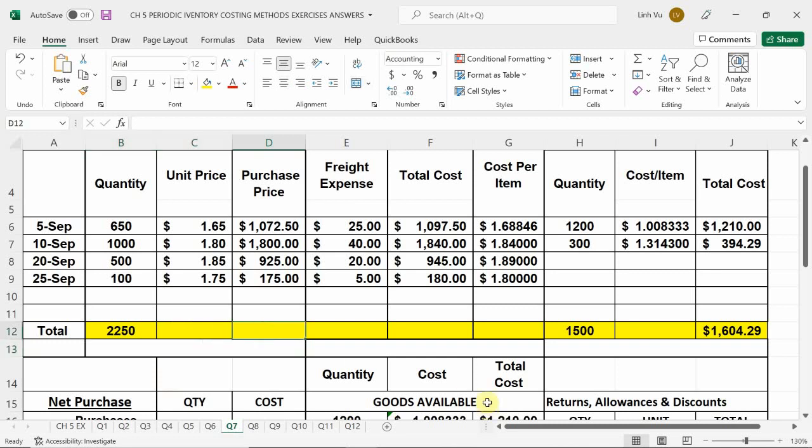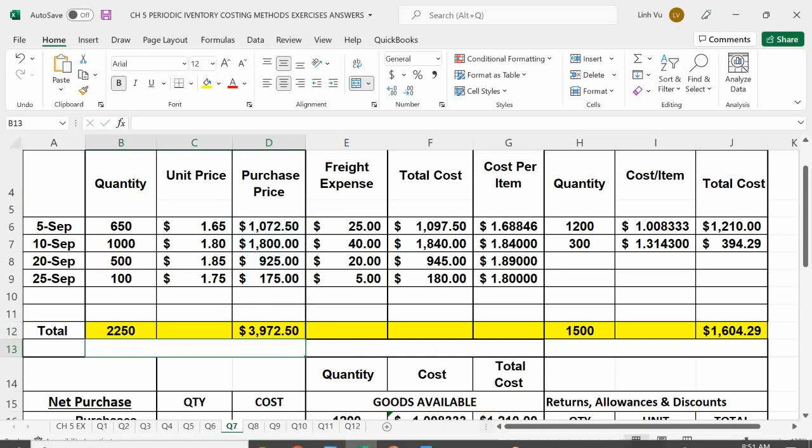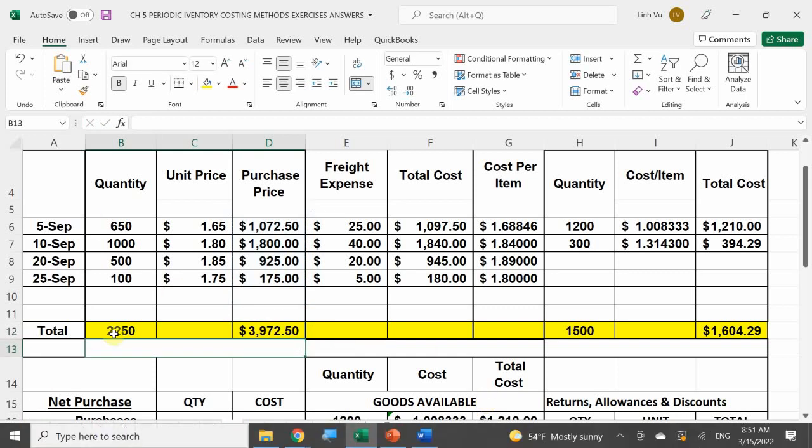So in this case, what's my total purchase price? $3,972.50 is correct.